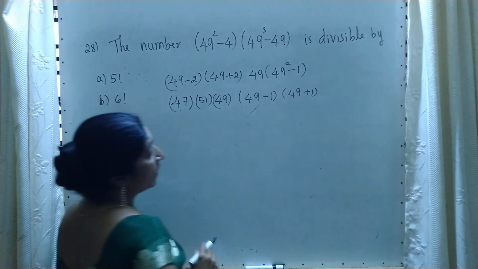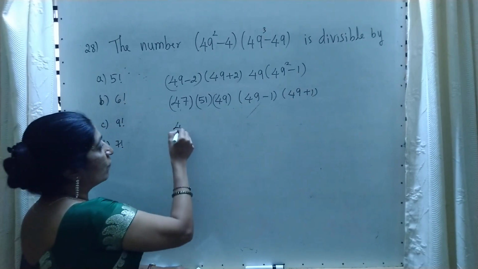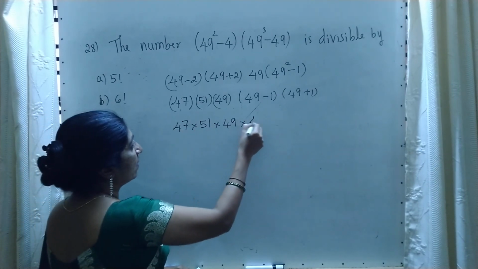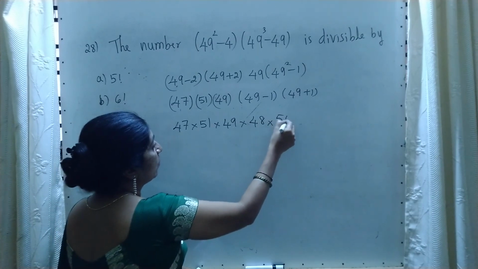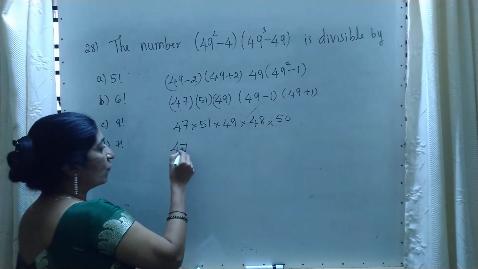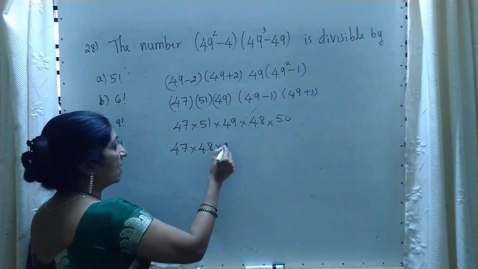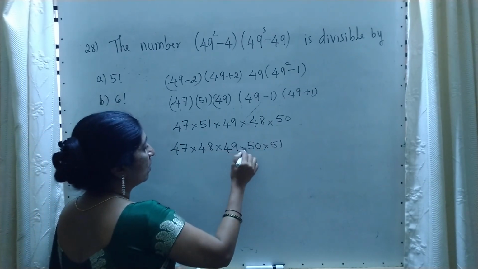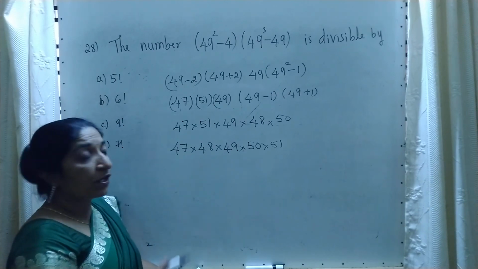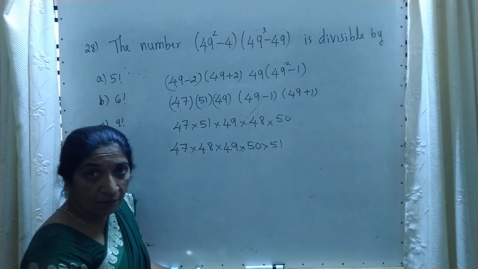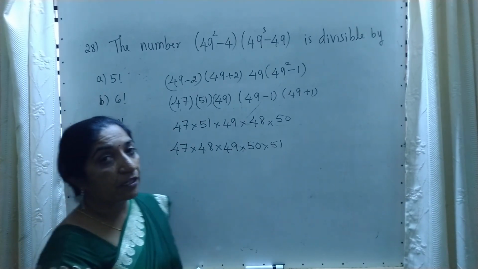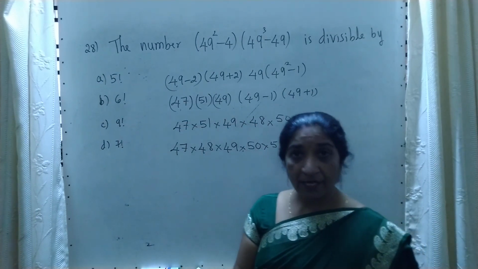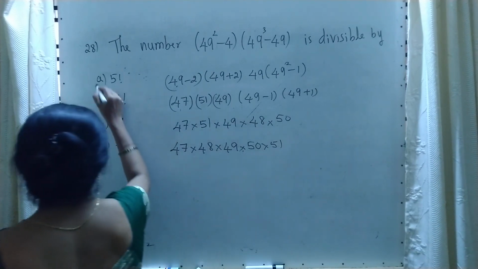It is in the form of a square minus b square. 47 into 51 into 49 into 48 into 50. When you rearrange 47, 48, 49, 50, 51, correct or not? So they are the product of what? Neighboring numbers. How many neighboring numbers you have? 5. They are the product of 5 consecutive integers. So it is divisible by 5 factorial.